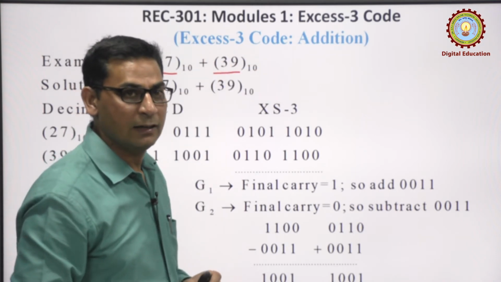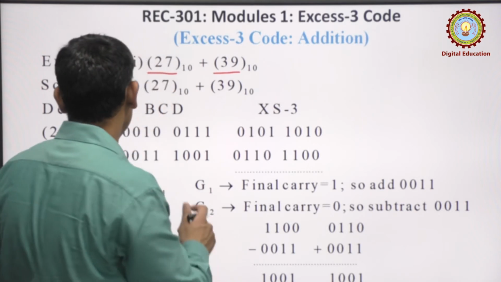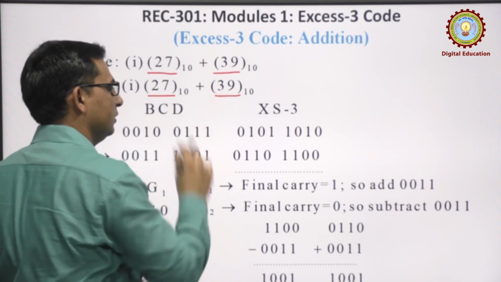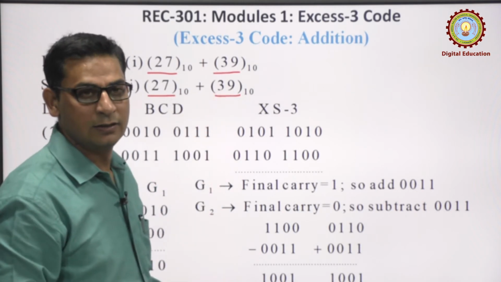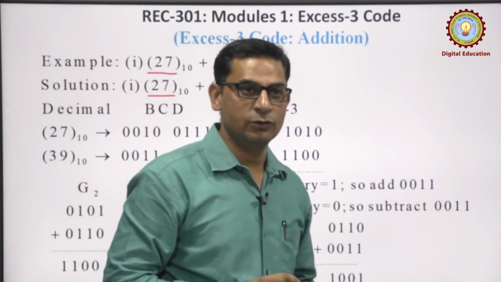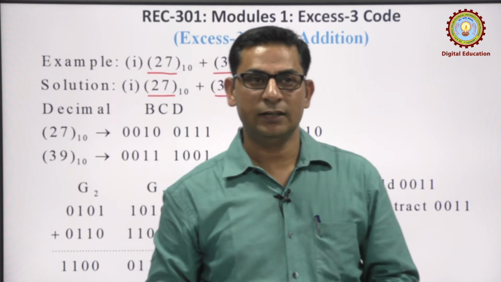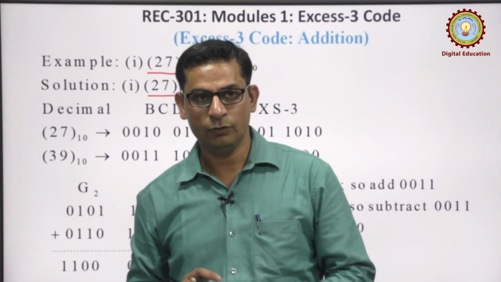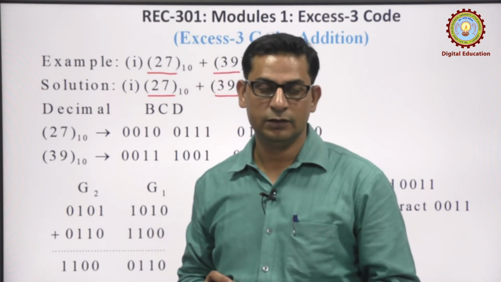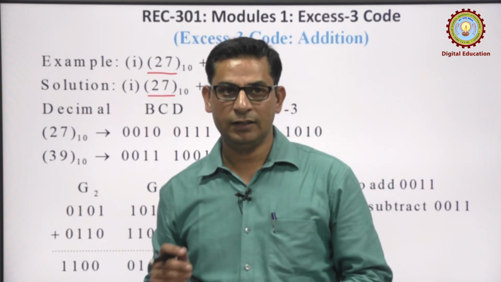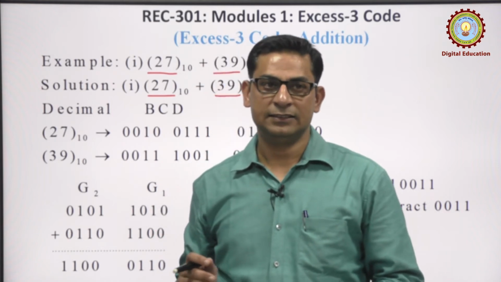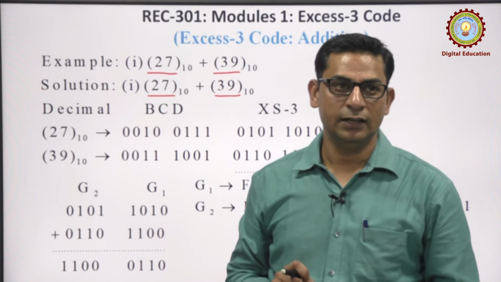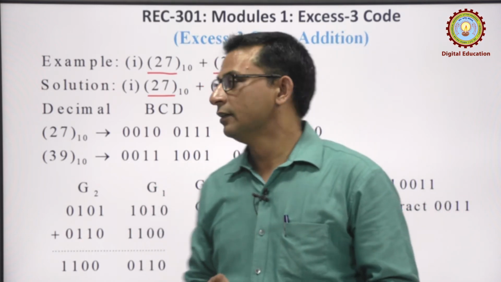As per rule number 1, if you want to add two decimal numbers using XS3 code, first of all we will convert the decimal numbers to binary coded decimal, meaning BCD code, and then we will get the XS3 code after adding the binary equivalent of 3 to the BCD code.